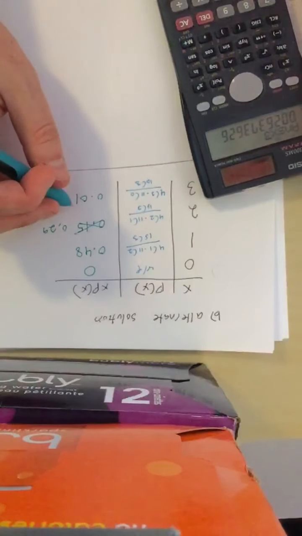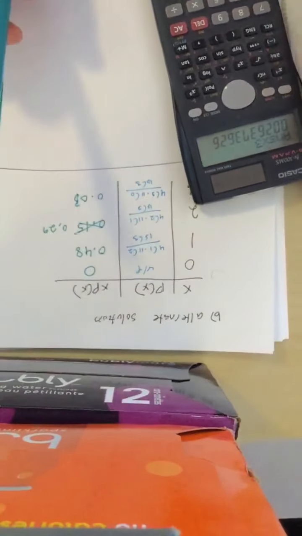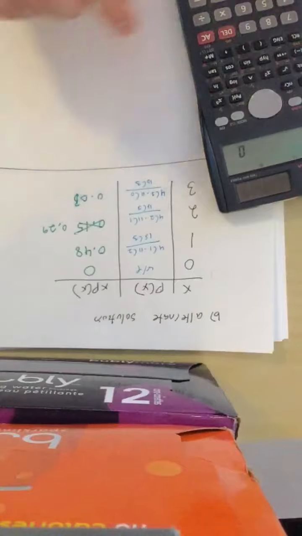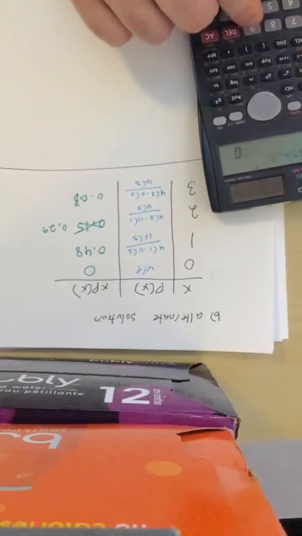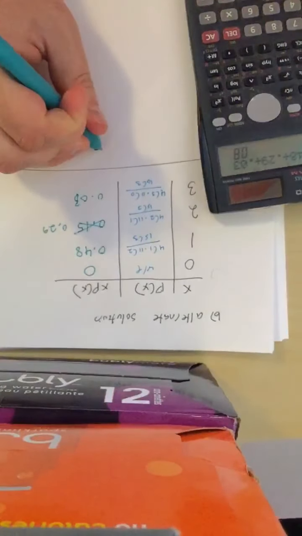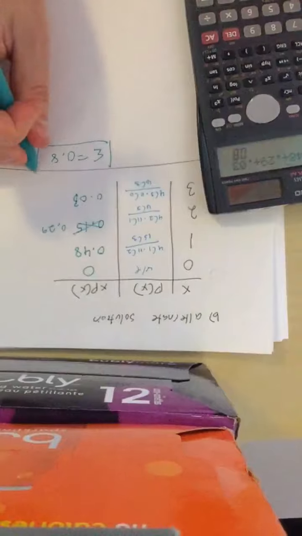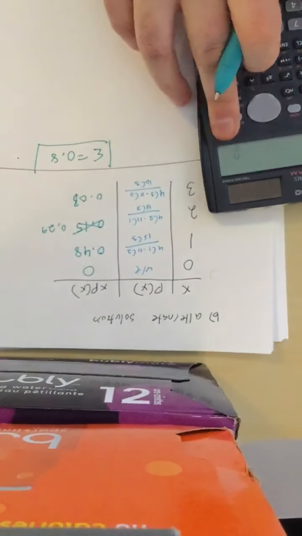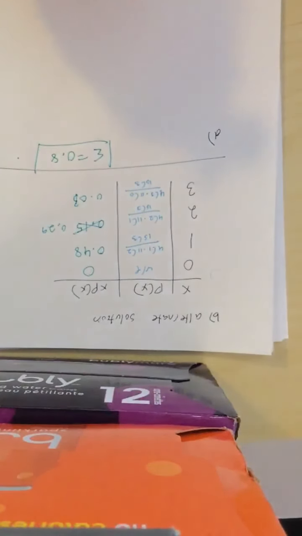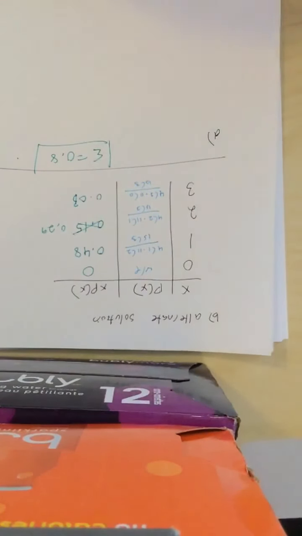And that's going to be 0.03. If we add these up now, we get 0.48 plus 0.29 plus 0.03, which is 0.8. And everything is good with the world once again. Okay, I feel a lot better now. Yes, it's important in the XPX tables to multiply by the x value. That's a critical part of the whole XPX table.